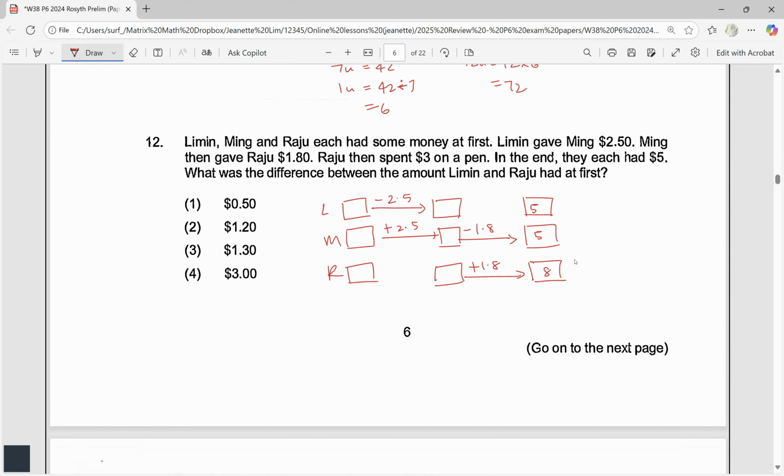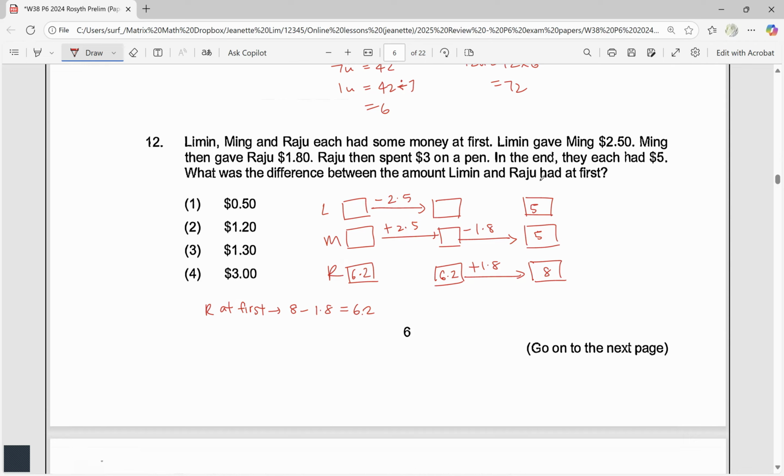Raju at first would be 8 minus 1.80, so $6.20, 6.2. And because there's no change here, right? This would still be the same number, 6.2.